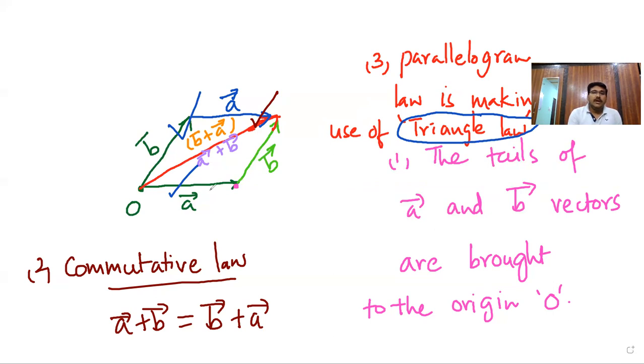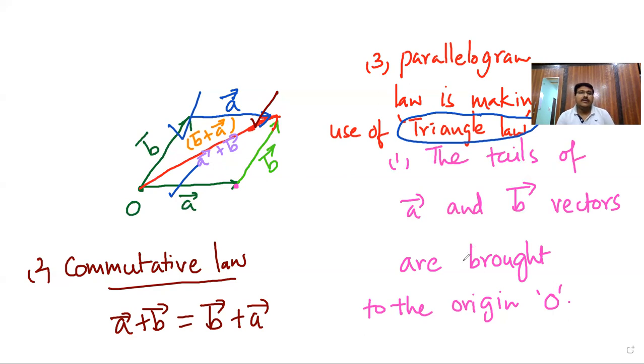To the head of the first vector, the tail of the second vector is added. Final resultant is initial point to the final point, A bar plus B bar. Similarly, to the head of the first vector, the tail of the second vector is added, the upper portion. Final vector is initial position to the final position, B bar plus A bar.